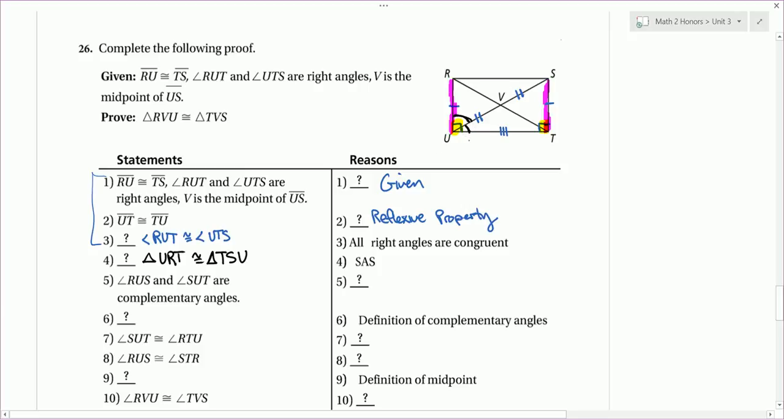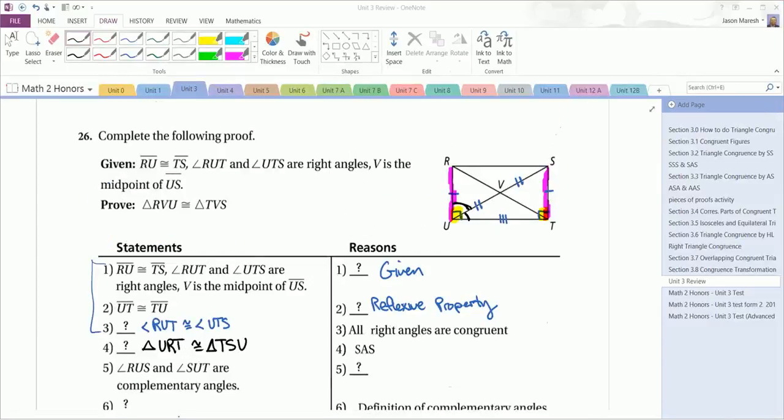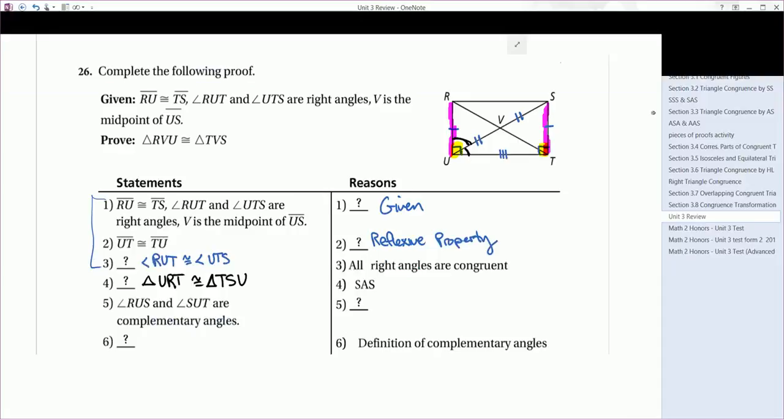That's true. Both those angles make 90 degrees. So our reason here for 5 is the angle addition postulate.